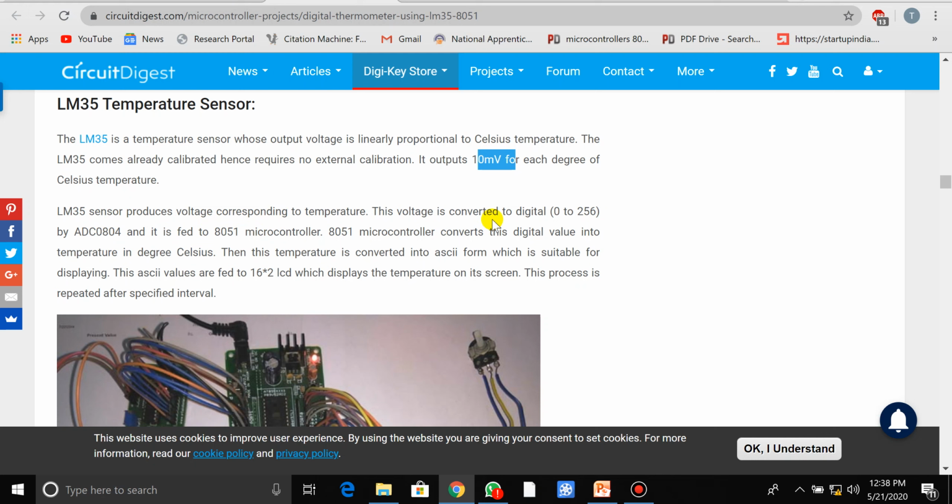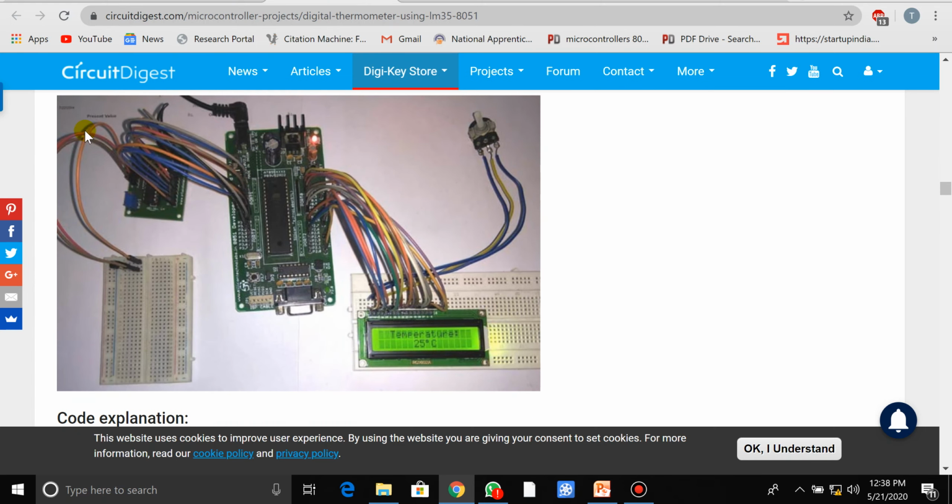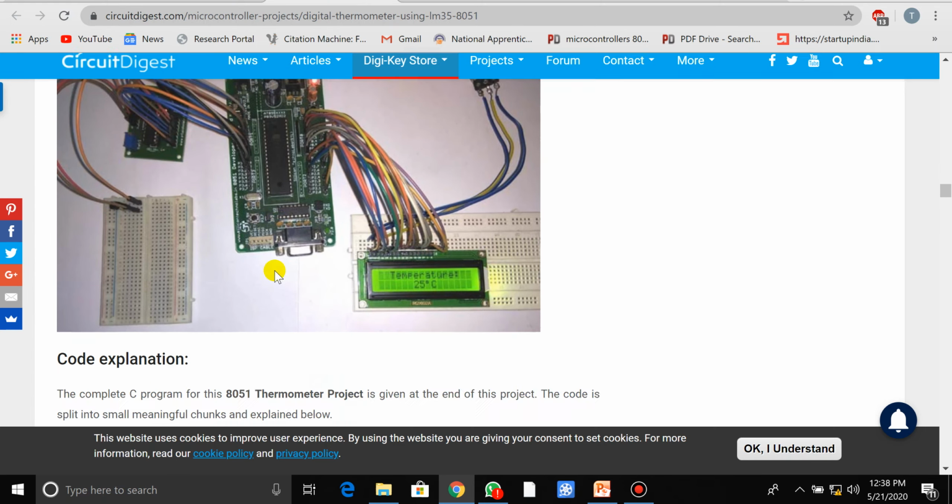The voltage is converted to digital, that is 0 to 256, by the ADC, and it is fed to the microcontroller. Got it? That means whatever temperature it is going to send will be converted to digital in the form of 0 to 256, that is decimal. Then this temperature is converted to ASCII form, which is suitable for display on the 16 cross 2 LCD display. This is the actual output you can get.